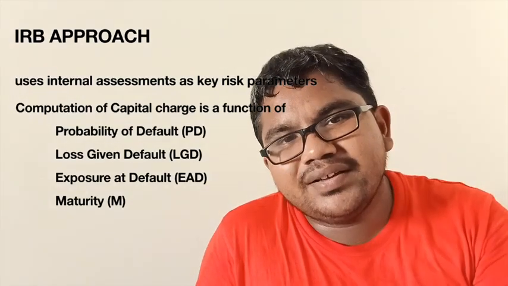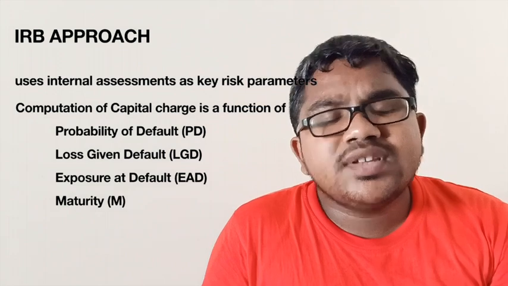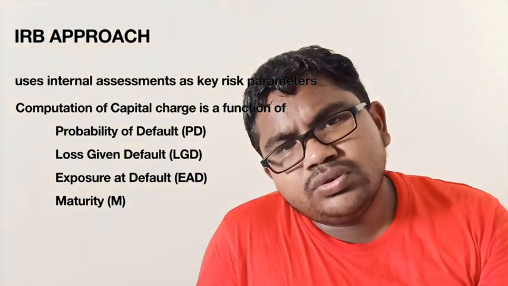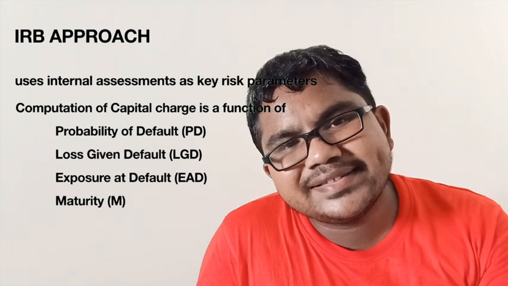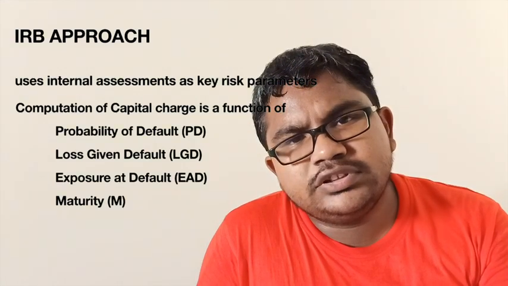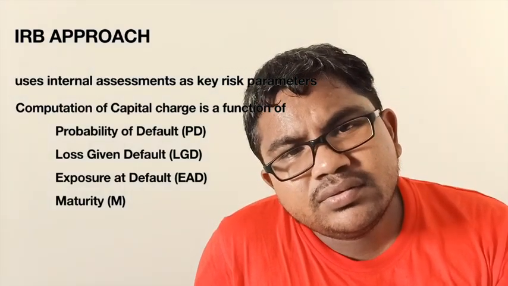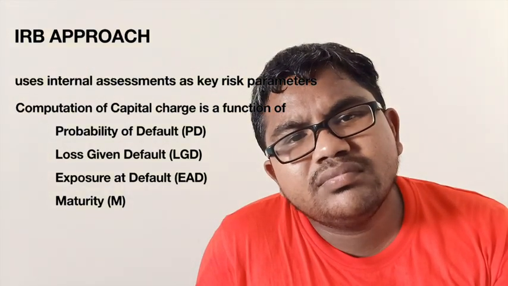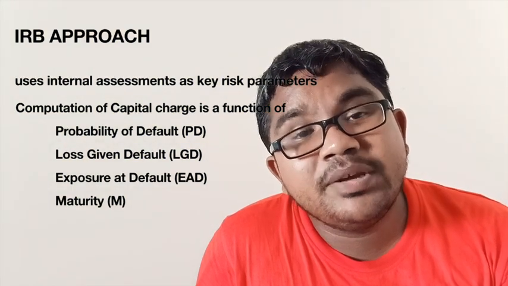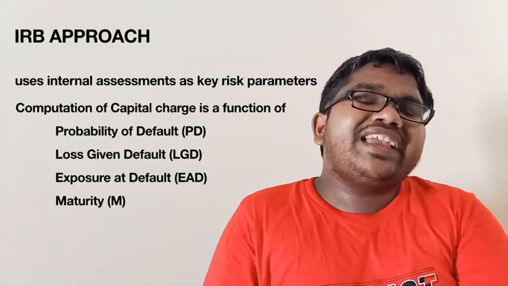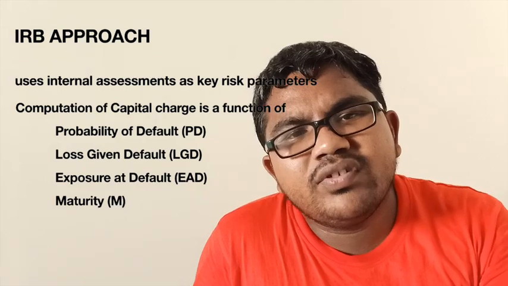Probability of default. What is it exactly? Suppose you have disbursed a loan of rupees 20 lakhs to a customer. Then what is the probability of that borrower becoming a defaulter to the bank? The calculation of that is nothing but PD, probability of default.